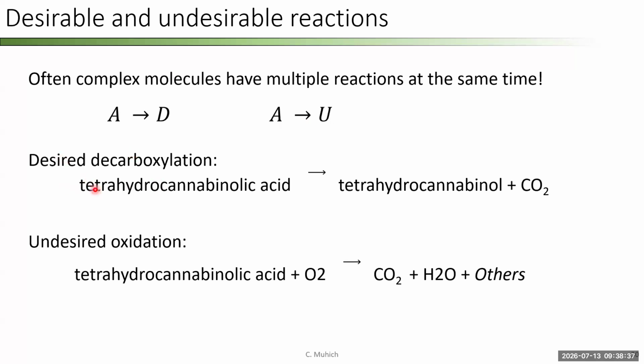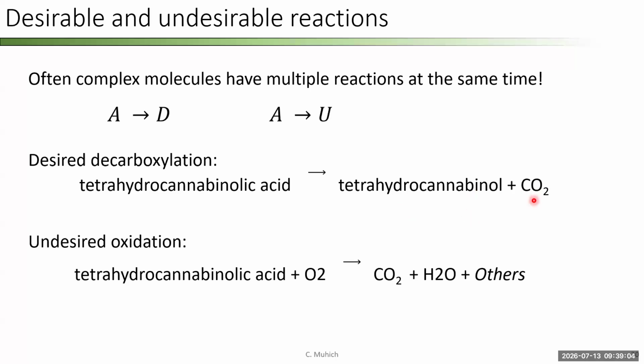For an example, if we take tetrahydrocannabinolic acid, we have both a desired and an undesired reaction that occurs. When I leave it out and exposed, it can decarboxylate to make cannabinol and CO2.